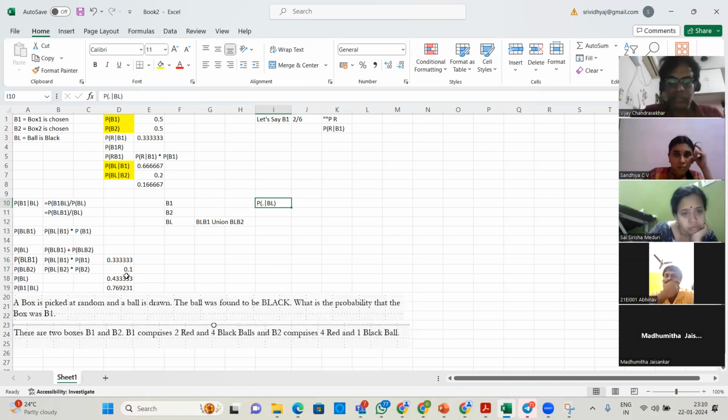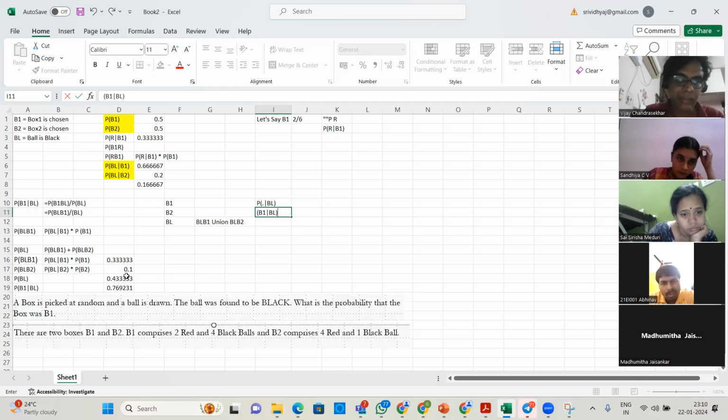2. Okay. So if you look at it, one would be B1 given BL, and the other is B2 given BL. Only two possibilities, right?